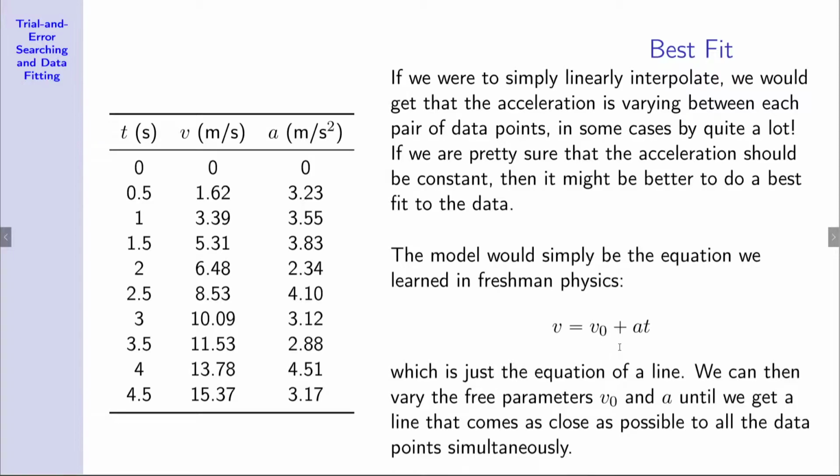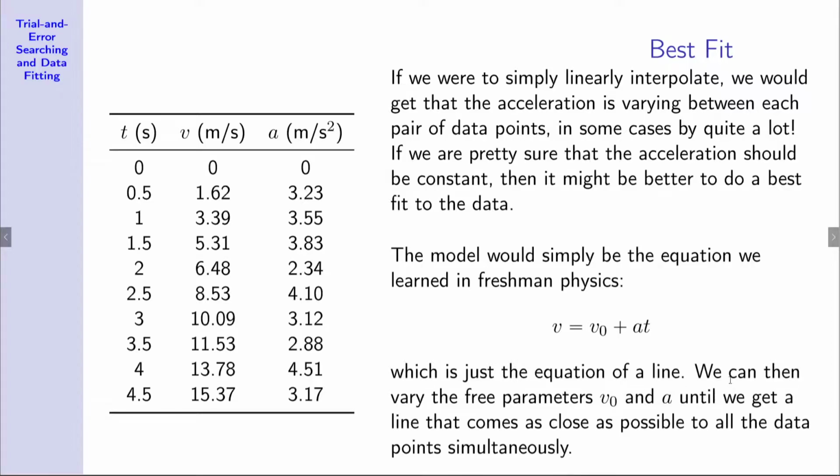And if we know that we start from rest, that puts some constraints on this v0. We could even hard code that constraint when we're doing our fit and just say that we have to fit the data purely with a slope times our independent variable.